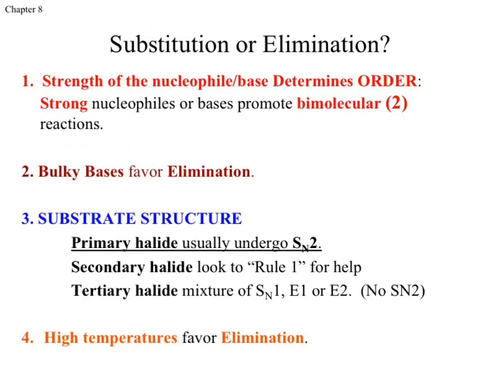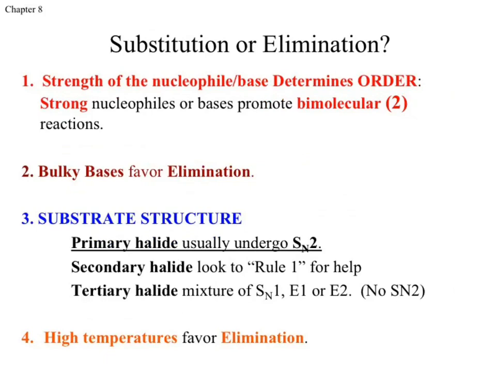Once you've got the strength of your nucleophile, you can look at your bulky bases favoring your elimination. You can move to substrate structure. We already addressed one of those substrate structure issues. If you have a primary halide, there's only one mechanism that works, okay, or works well. It's the SN2. If you have secondary halides, you're out of luck, you've got to find something else.